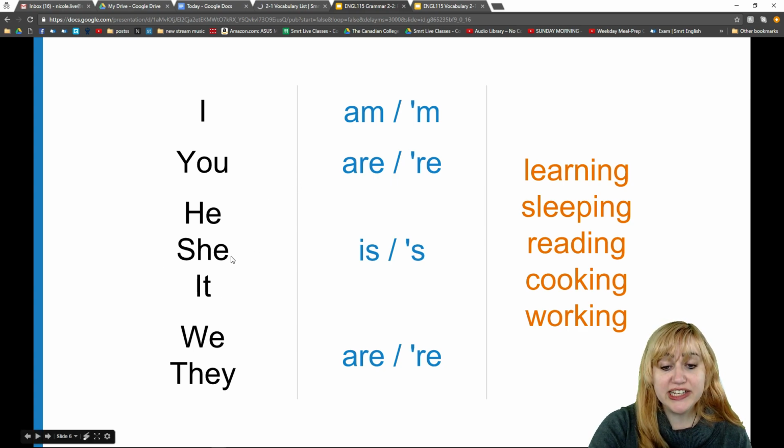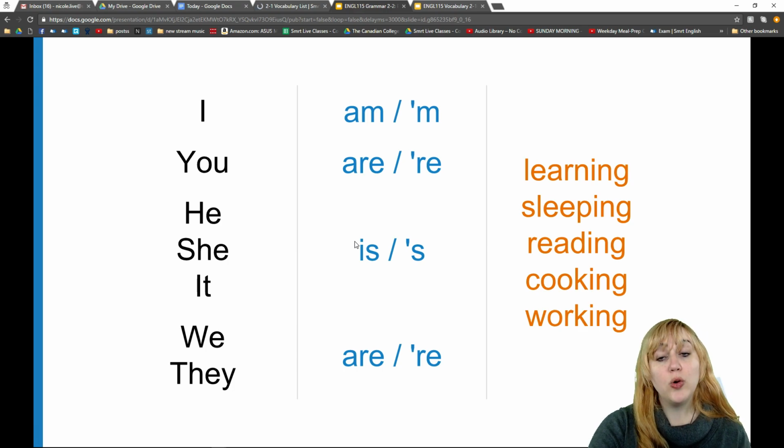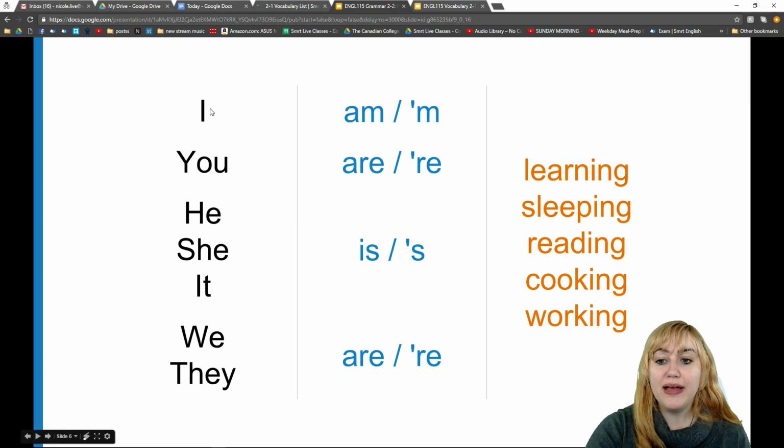And for he, she, or it, we use is, or the short form, apostrophe s. So for example, I am learning, or I'm learning. You are learning, you're learning. He is learning, he's learning. Just like that.